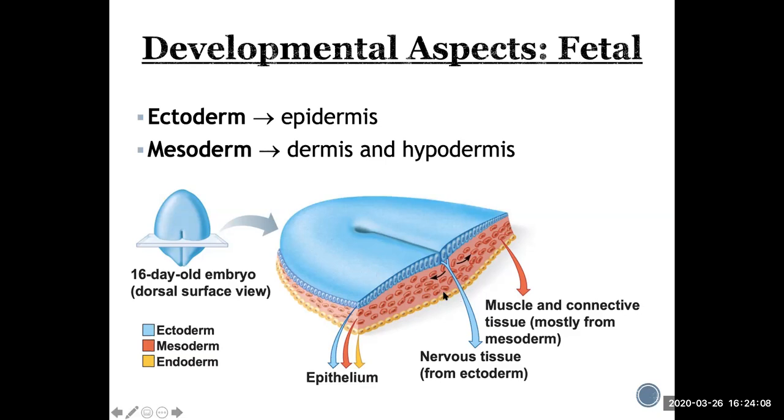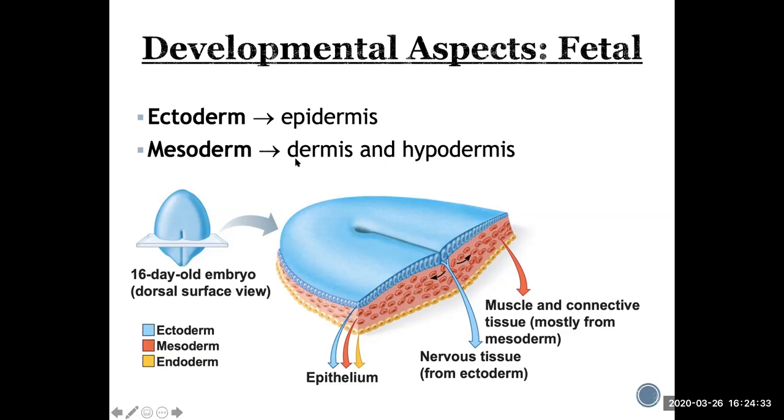So the endoderm is lining the epithelial, or the digestive tract. And then the mesoderm is all of your muscle and connective tissue, and your ectoderm is actually your nervous tissue. So this is going to be your central nervous system. This all turns into your spinal cord and your brain.